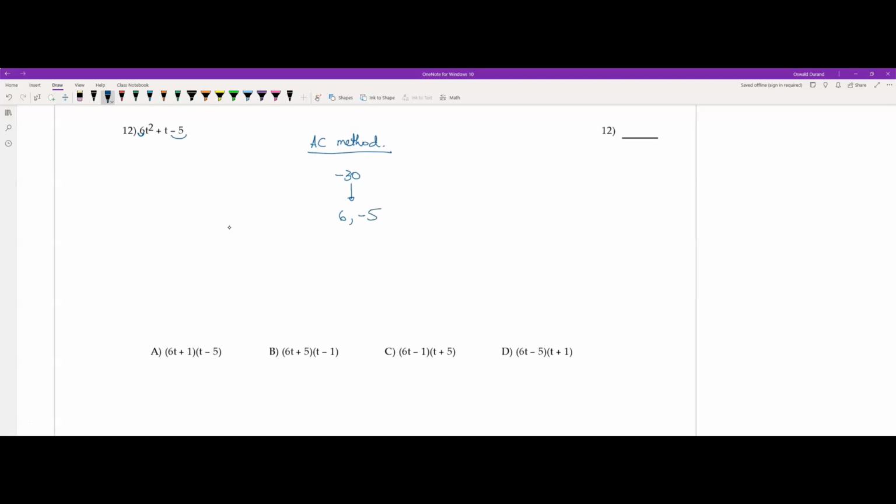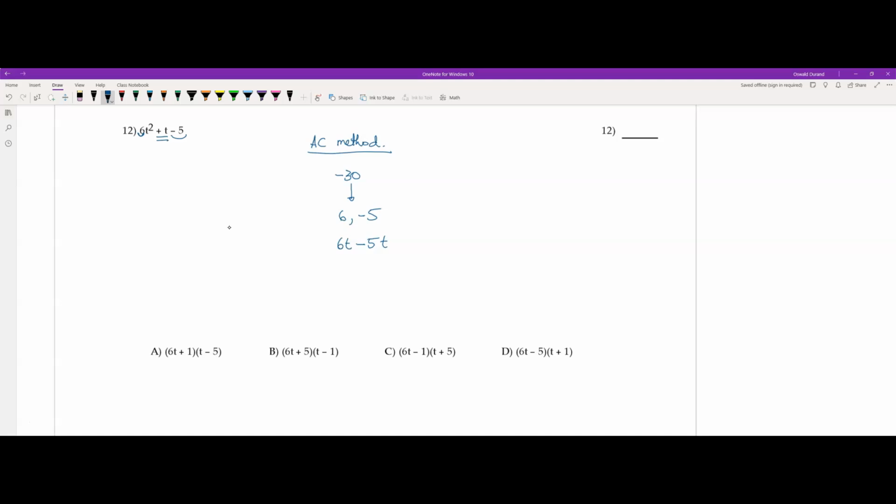Because 6x minus 5x is equal to, it's not x by the way, it is t. So 6t minus 5t is equal to positive 1t.